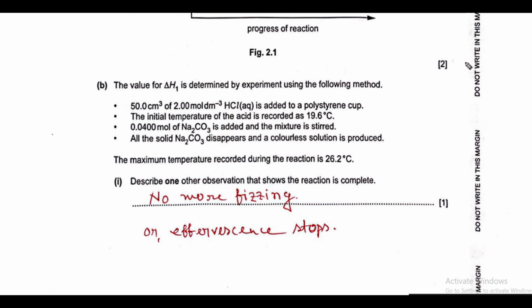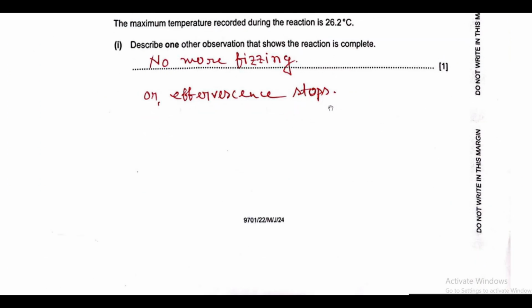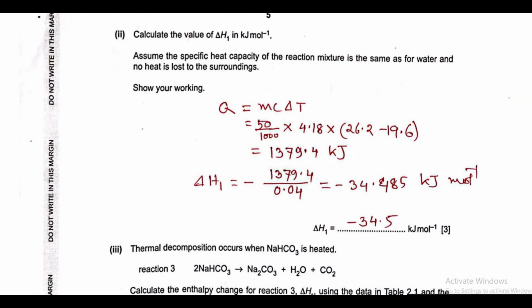Volume of solution is 50 centimeter cube, which means 50 gram, since 1 centimeter cube equals 1 gram. So 50 divided by 1000 times C 4.18, times del T.